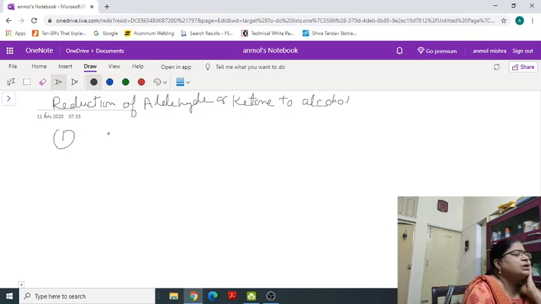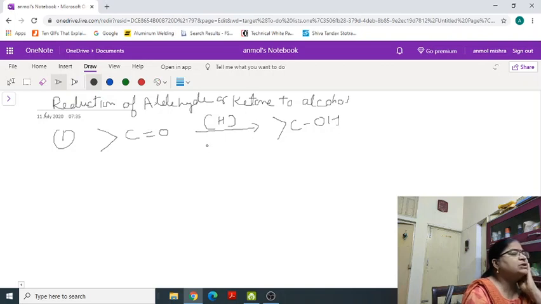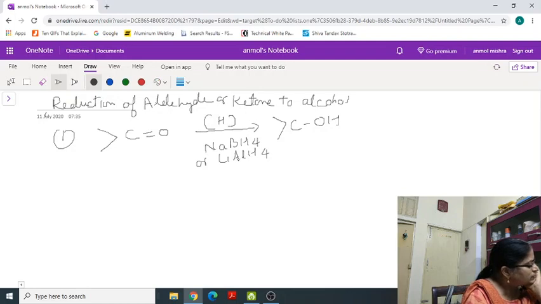Now aldehydes undergo reduction to form alcohol, and the reducing agent used is NaBH4 or LiAlH4, and third is hydrogen in the presence of nickel, platinum or palladium.